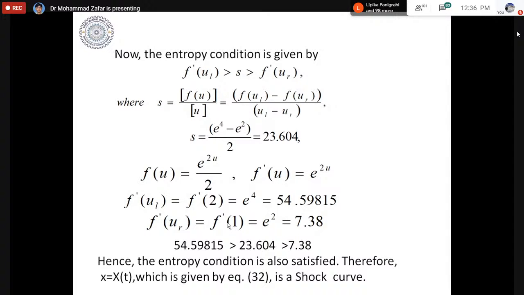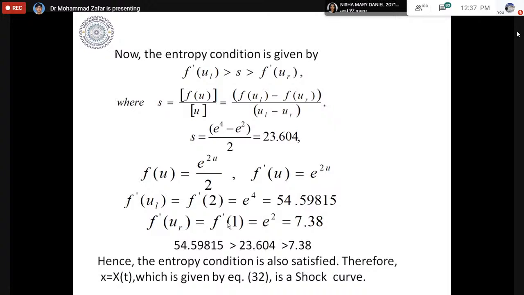It will not show that this curve is actually a shock, but the entropy condition makes sure that this curve is of course a shock curve. This condition also ensures that the shock solution is the unique solution of the given PDE. So uniqueness and existence are both here.